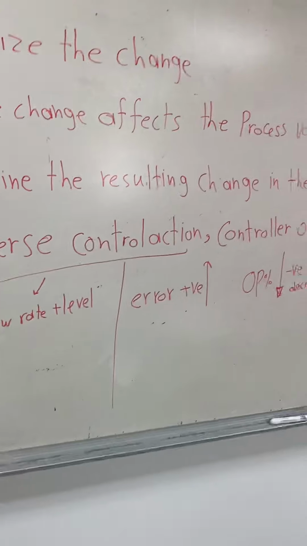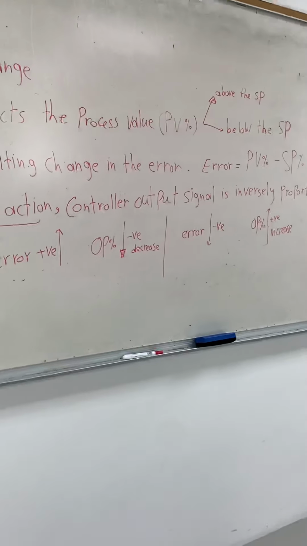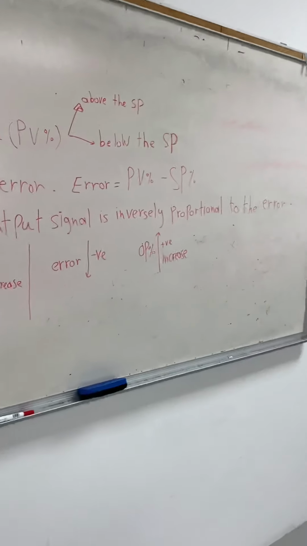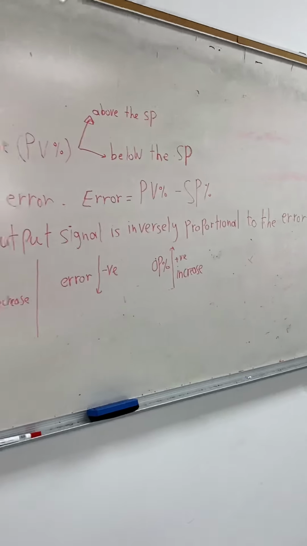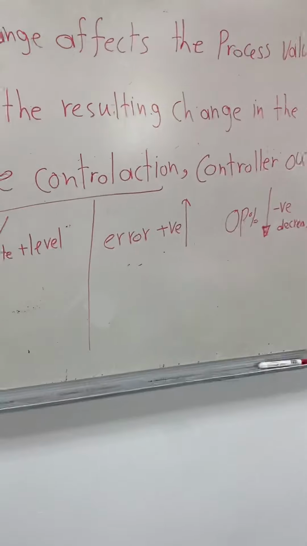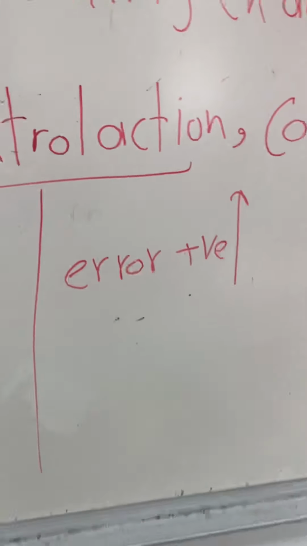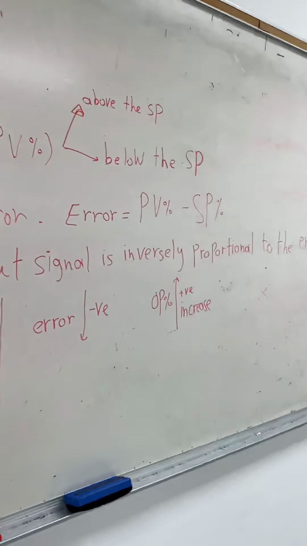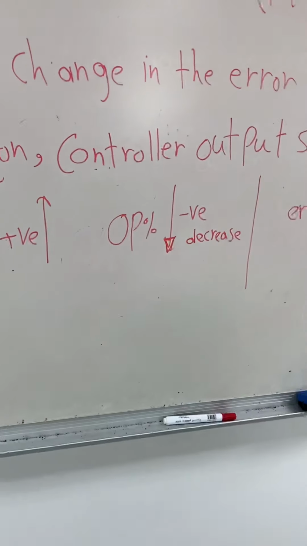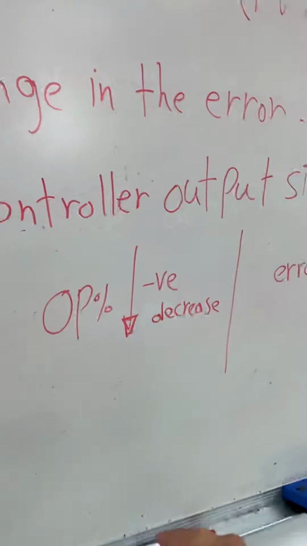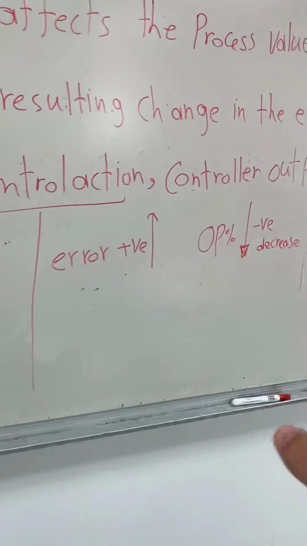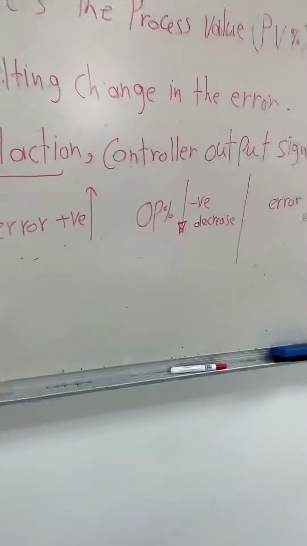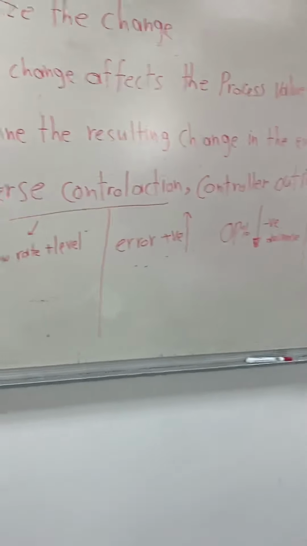Now in the inverse control action, you will notice that the controller output signal is inversely proportional to the error. What does that mean? It means basically if the error is positive, meaning that the process value is now getting higher than the set point, you will see that the output signal will start to decrease. Okay, you can see that this is exactly what is meant by the inverse action.